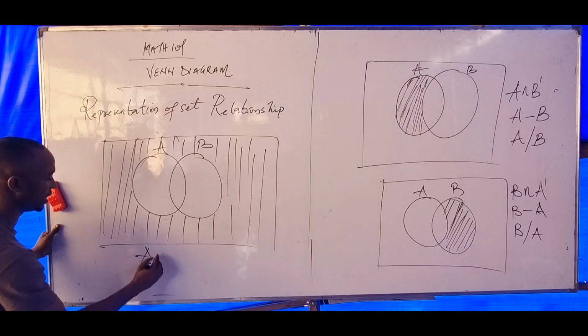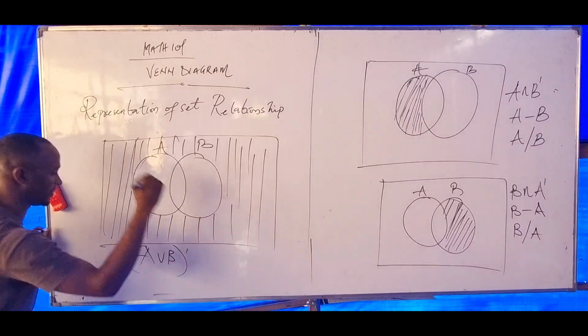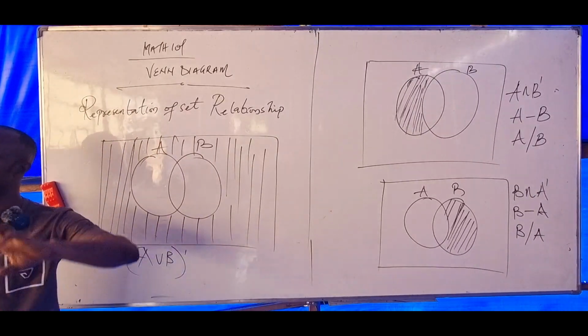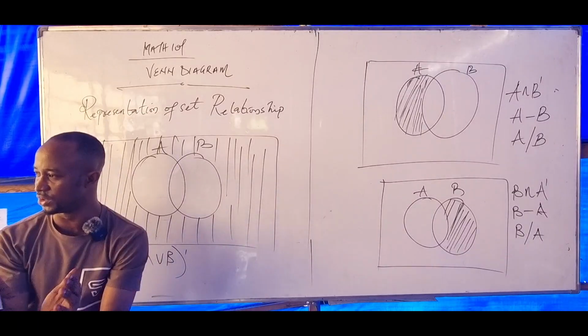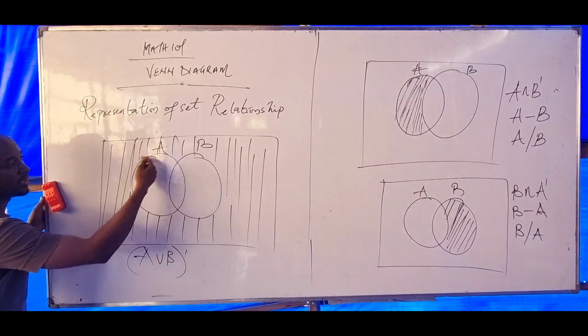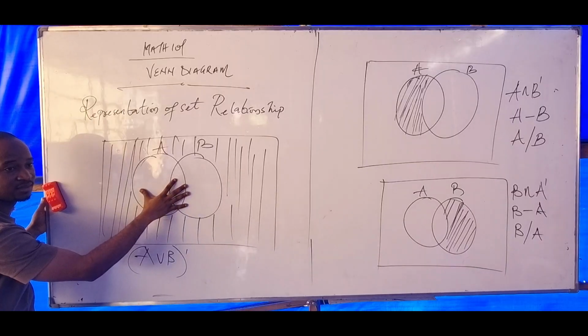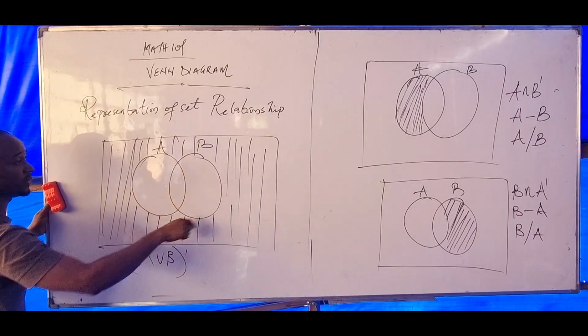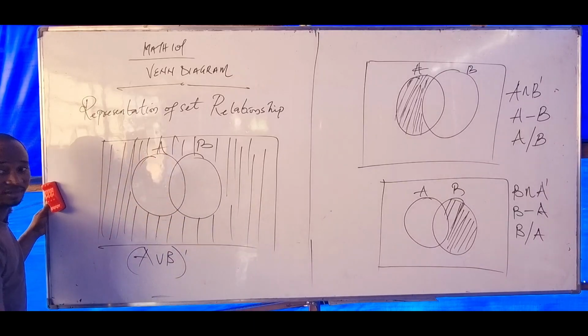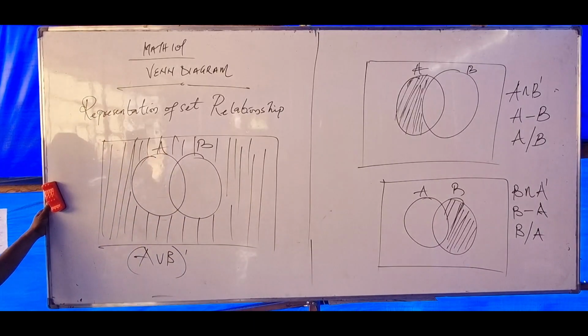This means A union B, all prime. Prime means elements found in the general set, but not in the union. Not in A and not in B. Am I communicating?